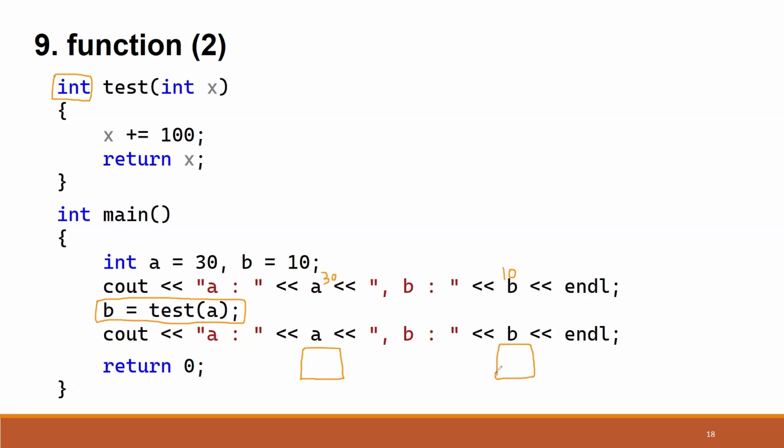I think 130 is correct. Because A is 30, right? So 30 will be passed to X. So it is 30, and add 100. Return 130. And then 130 will be here, right? So this is 130. And A stays the same.